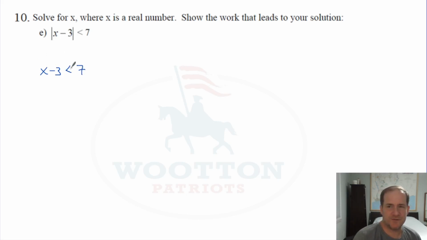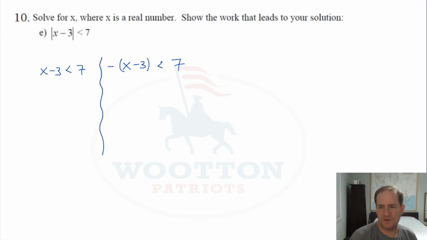And I can solve this first case to get part of my solution set. Now the second case is, what if x minus 3 actually came out negative? Then the absolute value bars would have to change its sign, essentially by just multiplying the whole thing by -1. That would turn it back into a positive, but we still want to stay less than 7. So here's my two equations that I have to solve.